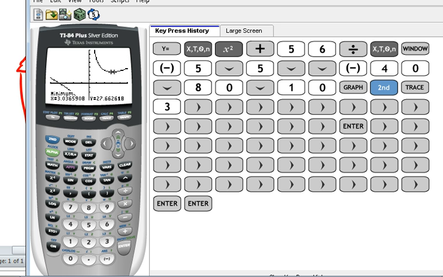And it says, correct to 3 decimal places, that the x value where the minimum surface area occurs has a value of 3.037 feet.